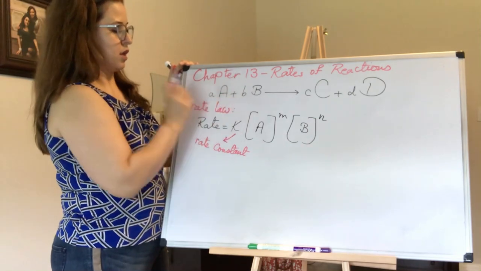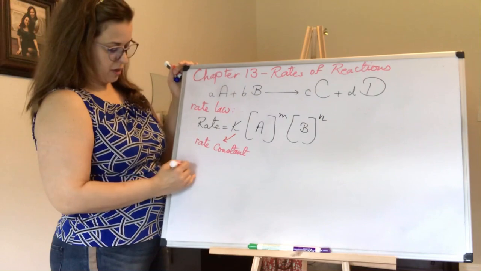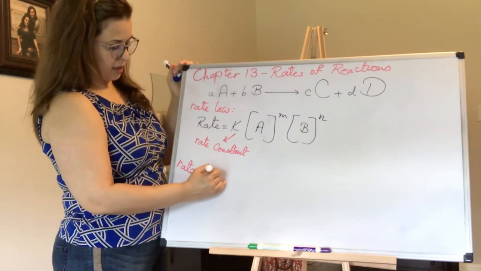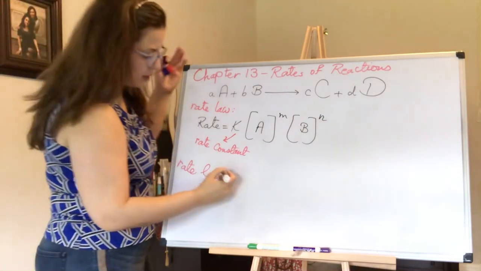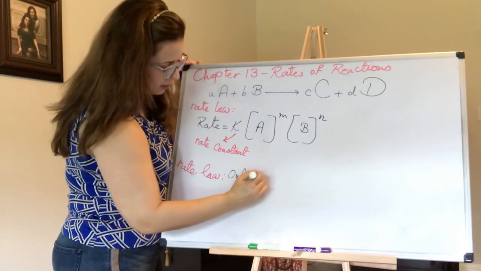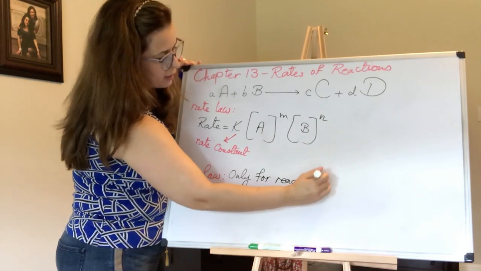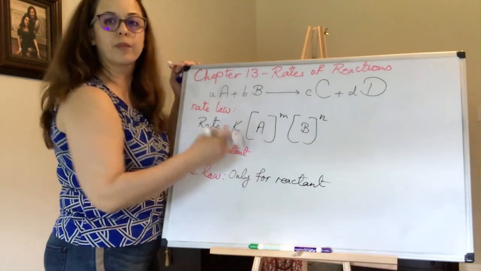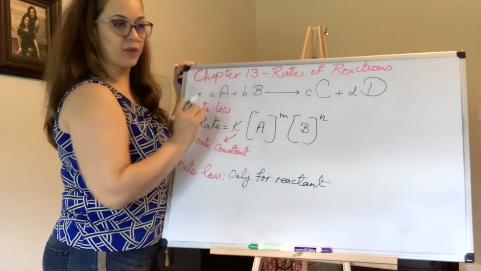All right. And you see that the rate law is only written for reactants. Only for reactants. You never can find a rate law in which you see the products. As you see here, you see the molar concentration of the reactants.